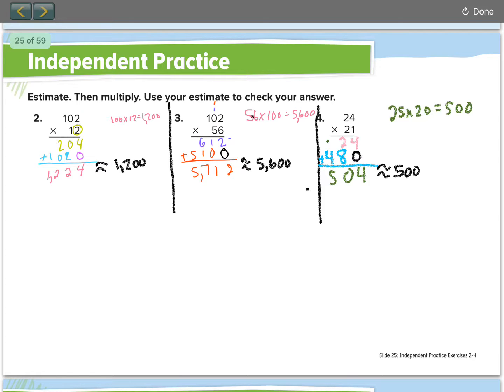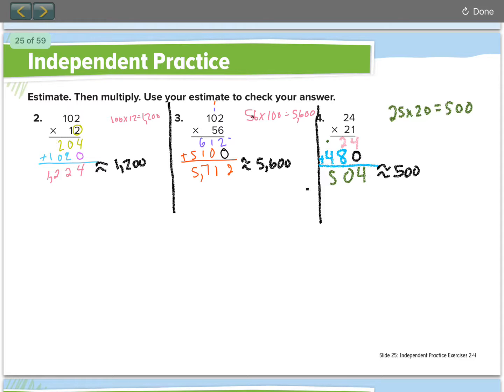Now I'm going to multiply the 1 in the tens column, but before I do that, I have to place a 0 in the ones column, because that's not really a 1 that I'm going to be multiplying, it's really 10 I'm going to be multiplying. So I start with the 1 and I say 1 times 2 is 2, and I record the 2. Then I move to the next digit, 0. 1 times 0 is 0. I record the 0. Finally, I move to the third digit. 1 times 1 is 1.